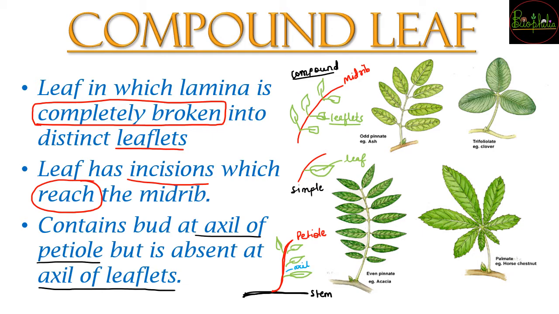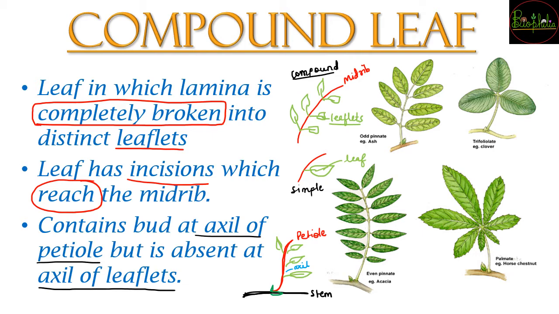In this axil area there will be no bud in the case of the axil of the leaflets, but you can see some small buds in the case of the axils of the petiole. So buds can be present in the axil of the petiole, but the axil of the leaflets is not going to have any bud.